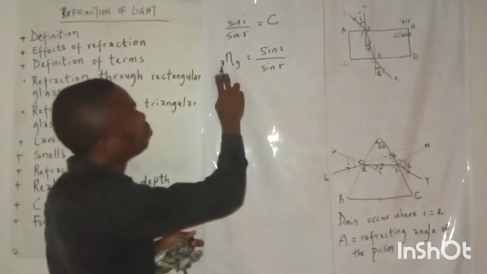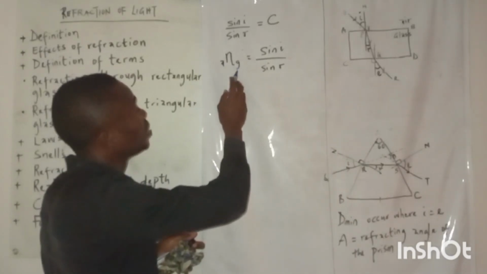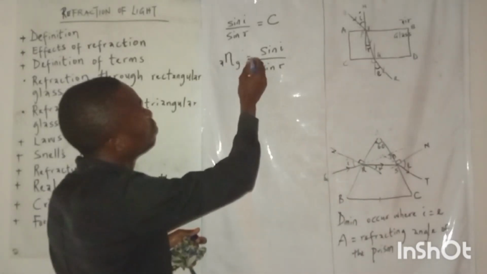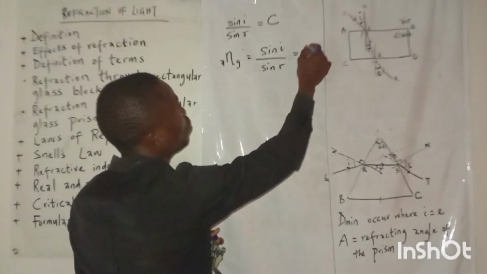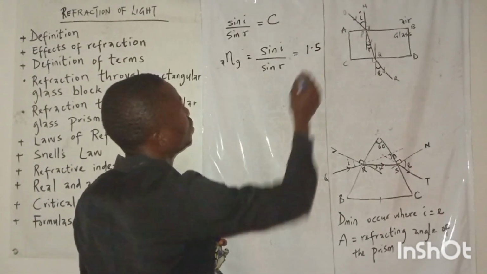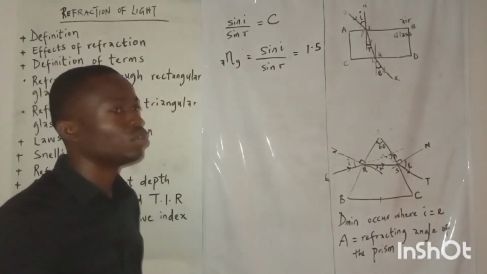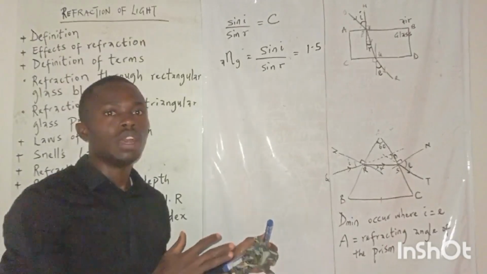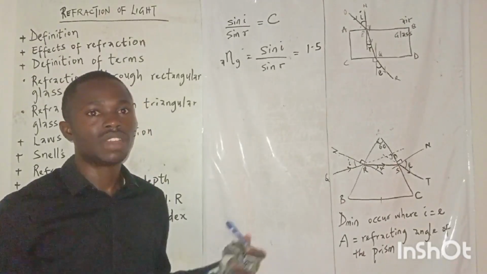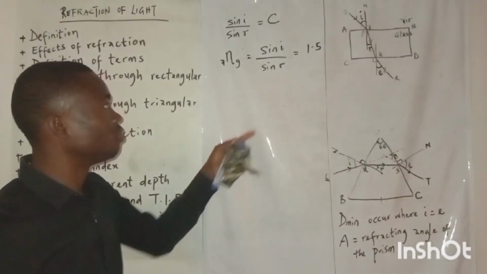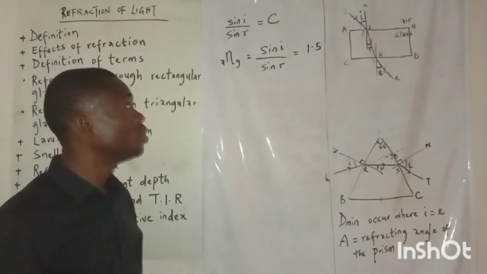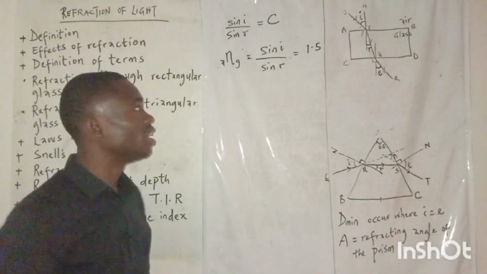So when light travels from air through glass, the refractive index has been found to be equal to 1.5. That is, sine I over sine R is equal to 1.5.